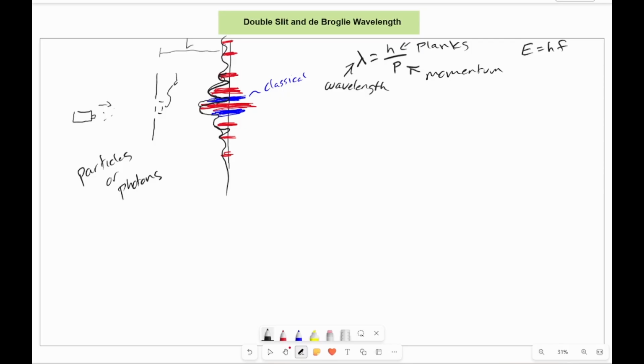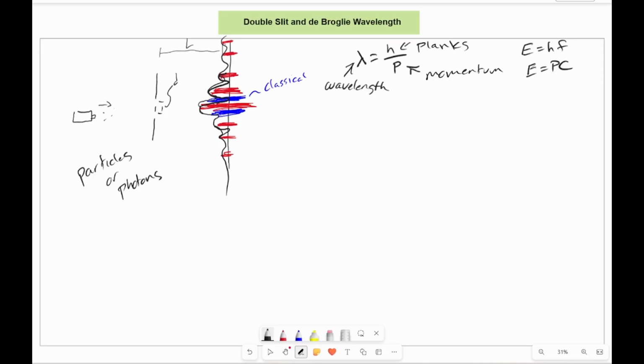Energy of a photon is equal to hf, and the momentum and energy have this relation E equals pc. So if you use those, you could come up with this equation, and this relates very well to the double slit experiment. If you set the parameters with a specific slit spacing d, then you can very accurately predict the light and dark bands of the interference pattern.